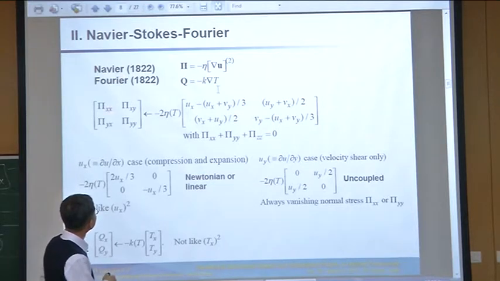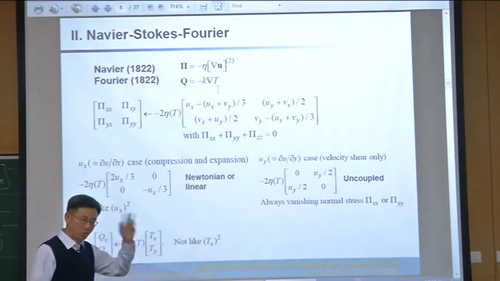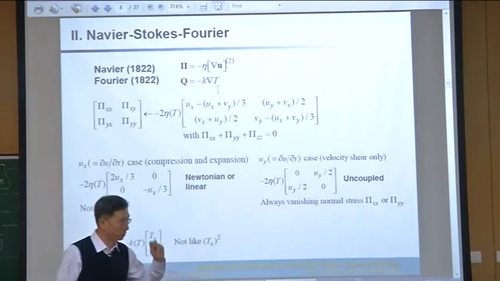Again, this is the case of the two-dimensional system, pi xx, pi xy, pi yx, pi yy. And in the case of Navier-Stokes, this becomes the gradient of u in the direction of x, this kind of thing. So this is Navier-Stokes. The important one is that the trace, the sum of all those diagonal terms, must be 0.